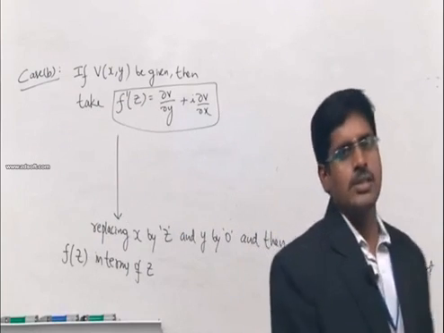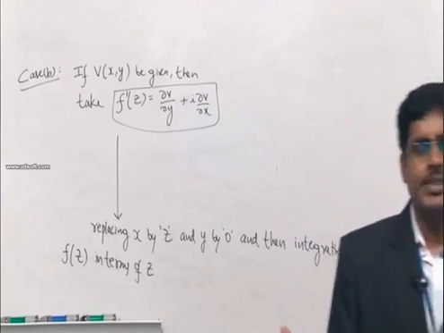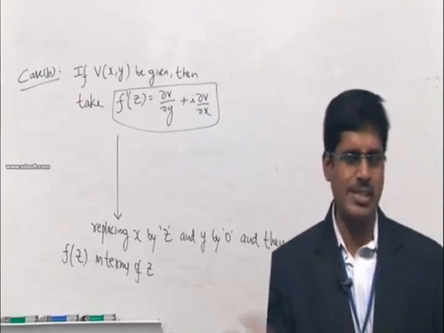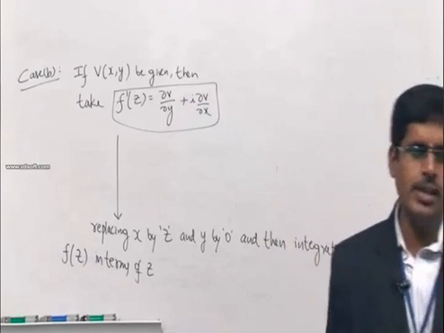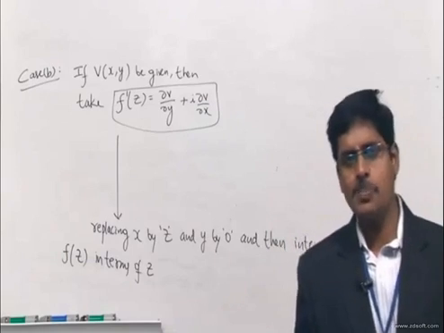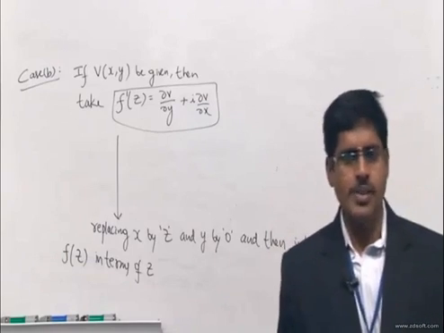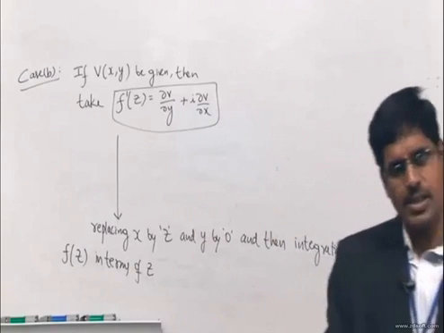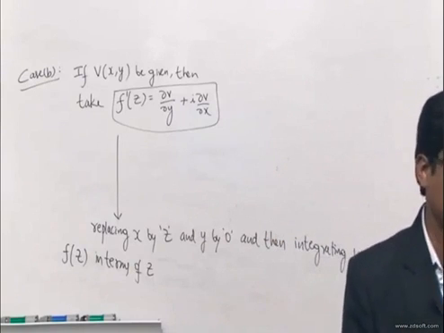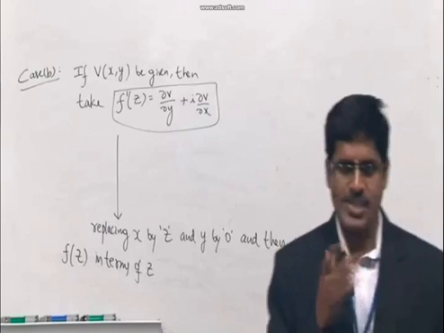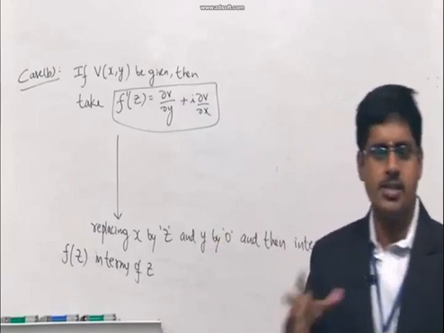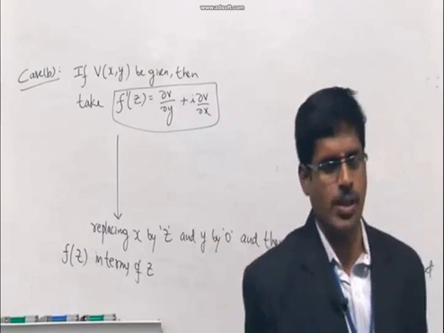See here, after getting f of z, separate again the real and imaginary parts. After taking z is equal to x plus iy and simplifying, you will get u and v, and check whatever you obtained for u or v against the given u or v. If it matches, then only your f of z is correct, otherwise it is your mistake. Suppose u is equal to x square is given. After applying this method, suppose you get f of z is equal to z square.